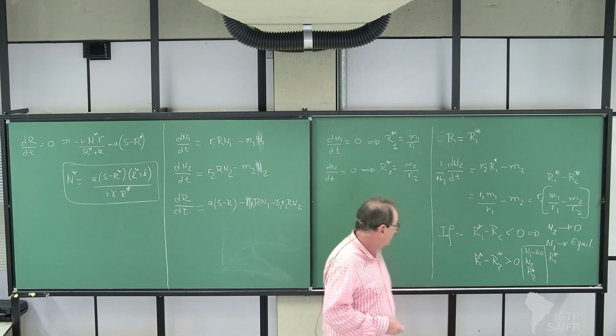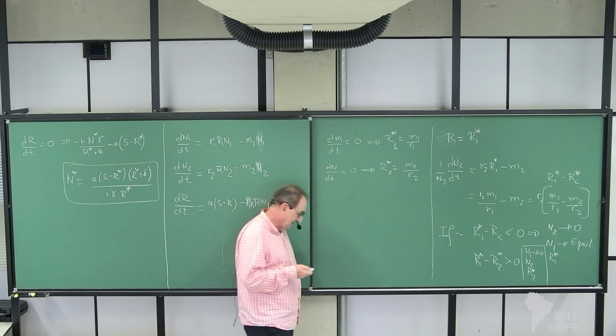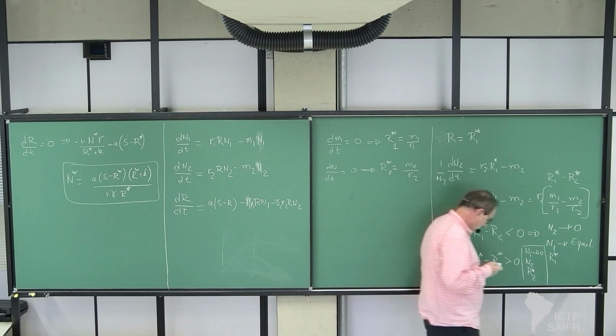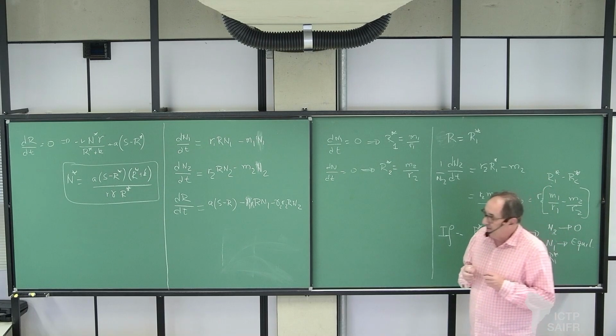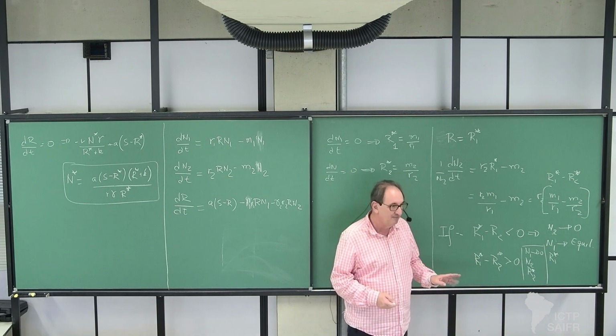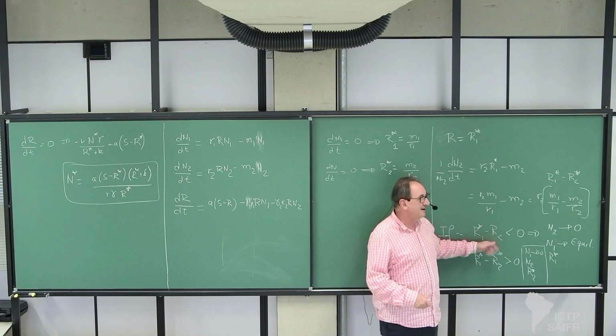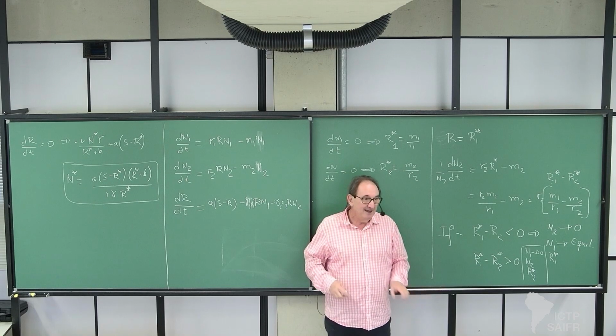So this means that if R1 is smaller than R2, you will always get that N1 prevails at the end.